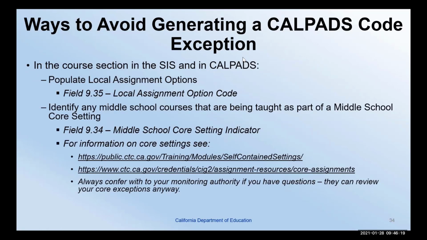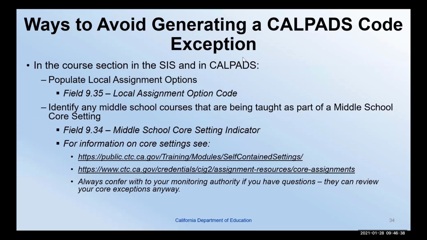Other ways to avoid exceptions in CalSAAS. One of the primary reasons that you got exceptions this year, based on some initial data analysis that the CTC did, was you were not populating the local assignment options in your student information system and in CalSAAS.